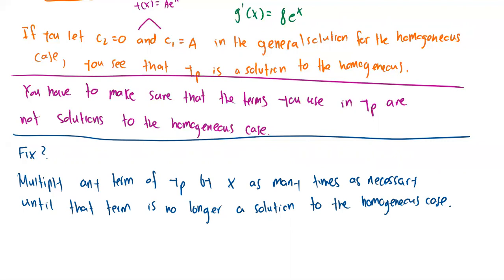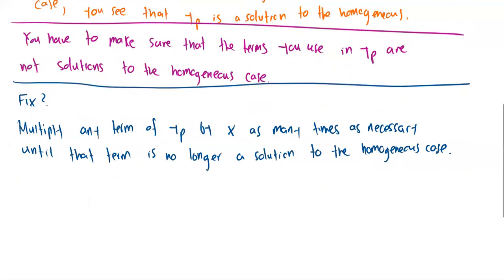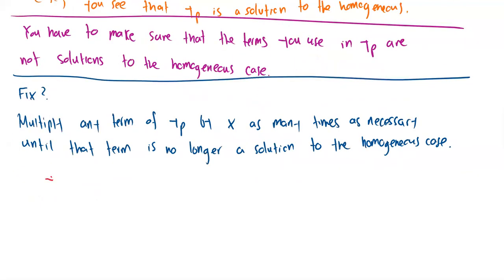For example, in this case, our particular solution was y sub p equals A e to the x. The general solution for the homogeneous case was y of x equals c1 e to the x plus c2 e to the negative 4x.